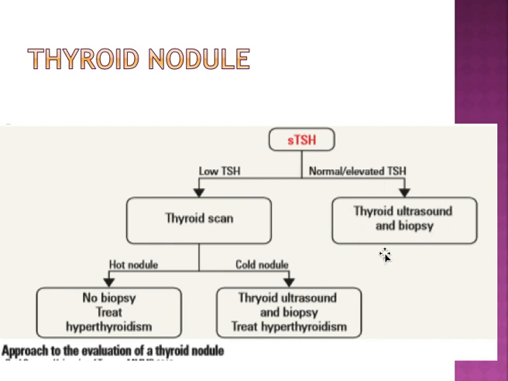When you study surgery, you will know that there are many types of thyroid cancers like papillary thyroid cancer, medullary thyroid cancer, follicular thyroid cancer. So whenever the thyroid is hypofunctioning, we go for biopsy. Low TSH means the nodule is hyperfunctioning, so we go for a thyroid scan.